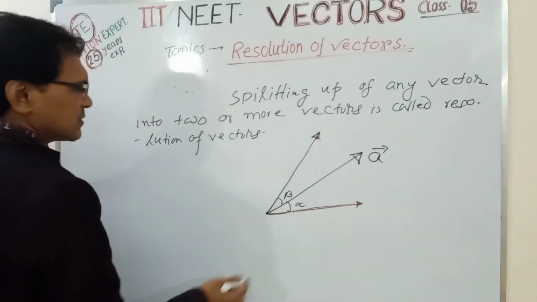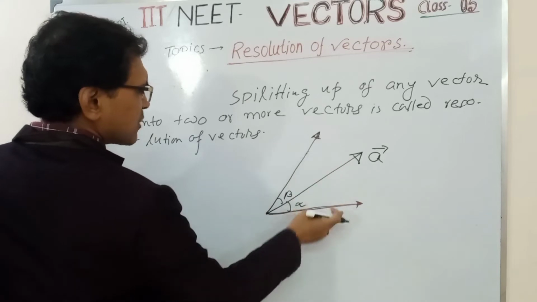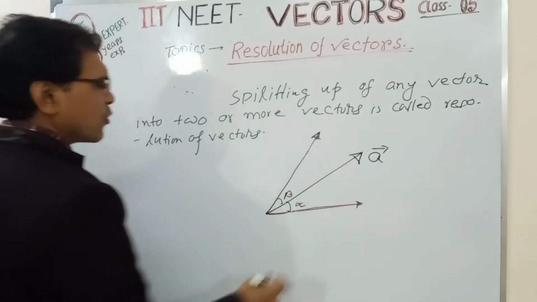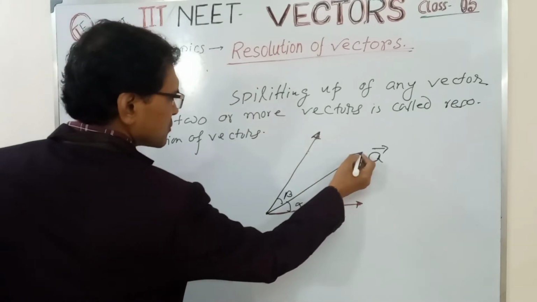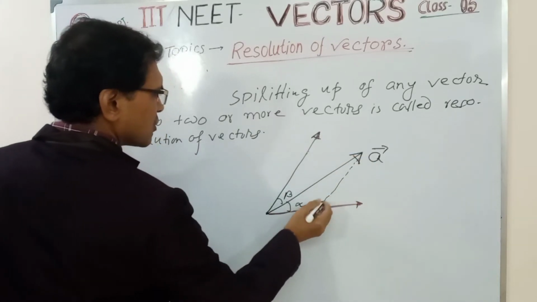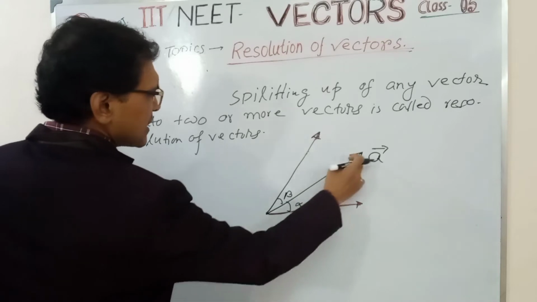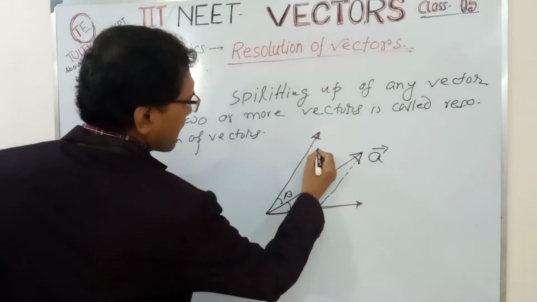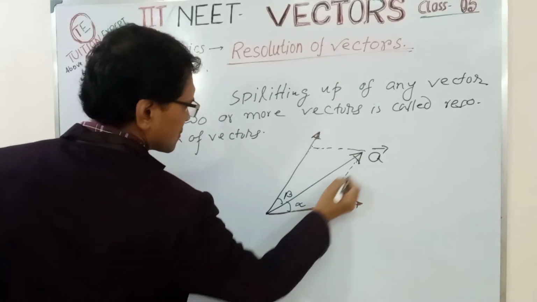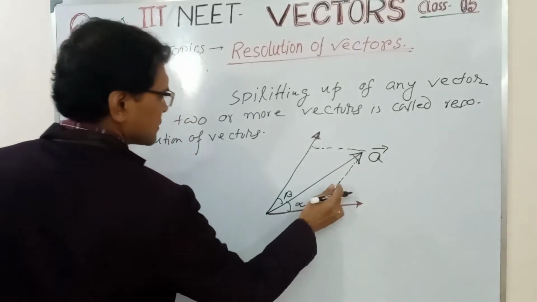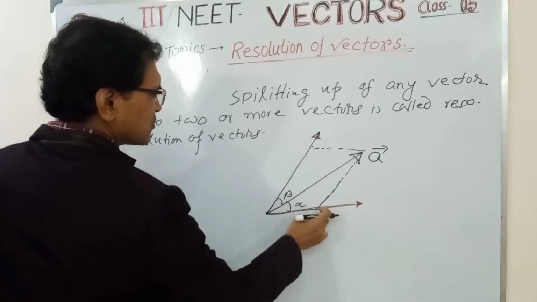Now we have to resolve this main vector along two components. What will the components be? For this, draw a line parallel to this and a line parallel to this. So this is parallel to this, and this is parallel to this.